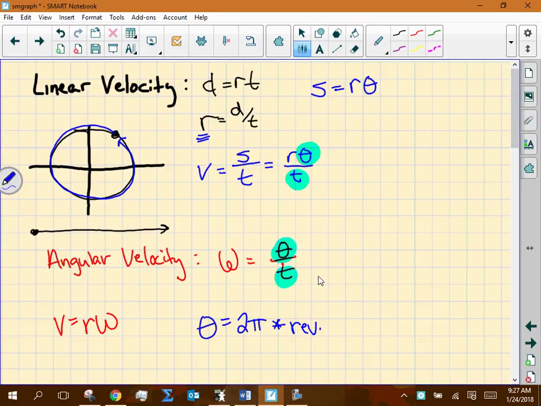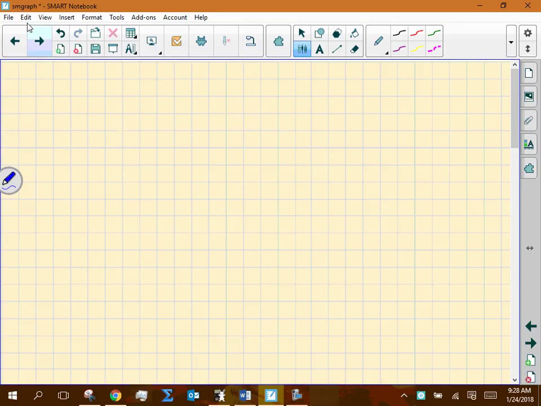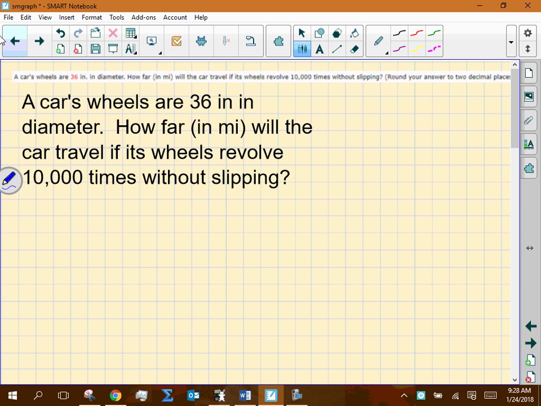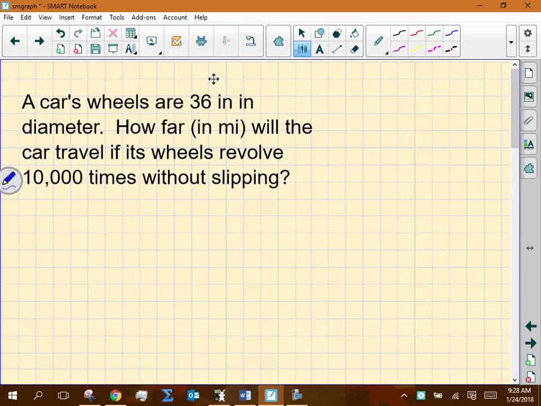All right, so let's do some examples with these. These are similar to what you're going to see on WebAssign. I just picked them out of that 5-1 day 2 assignment. Here it says a car's wheels are 36 inches in diameter.